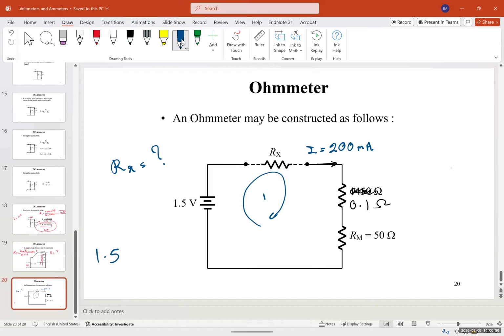It's going to be 1.5 minus Rx times I, which is 0.2, minus 0.1 plus 50, or 50 plus 0.1, times 0.2. It's going to be equal to 0.